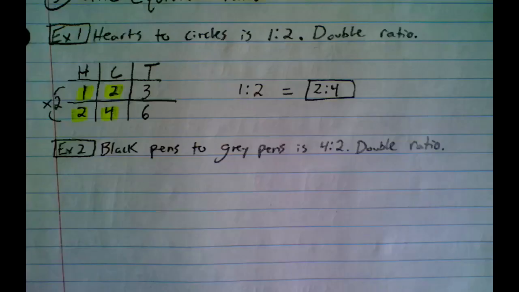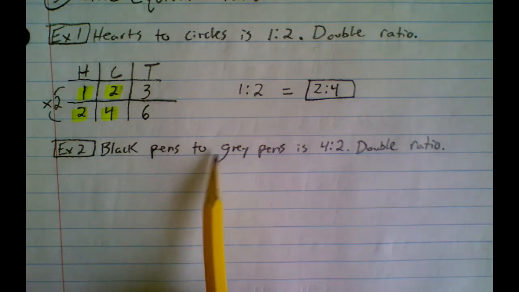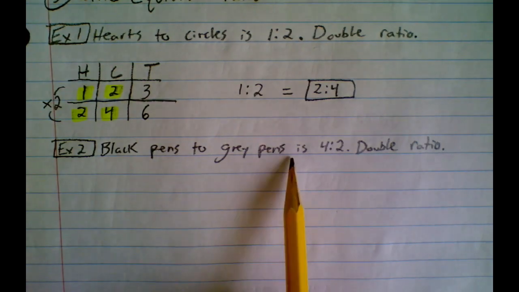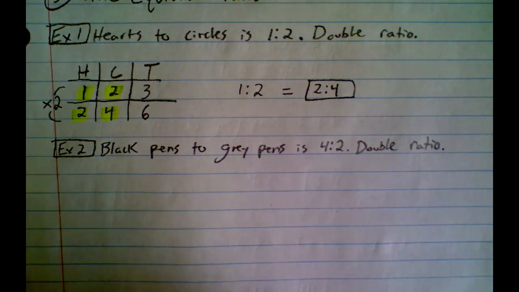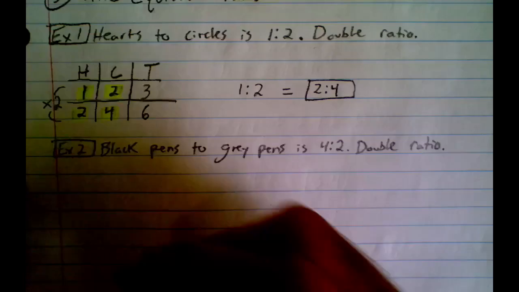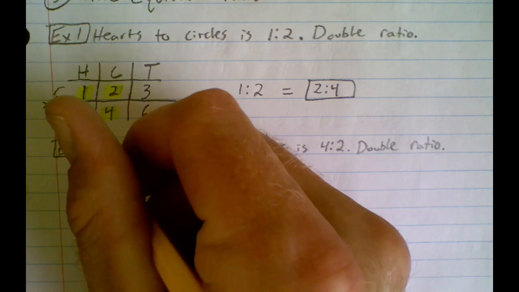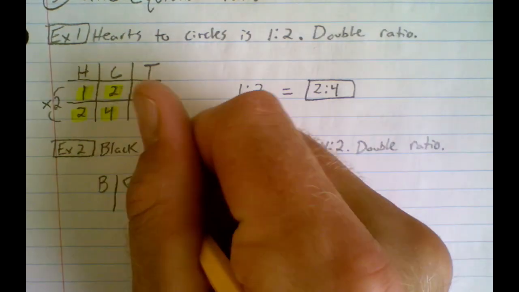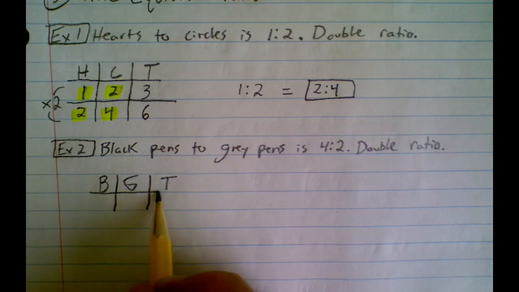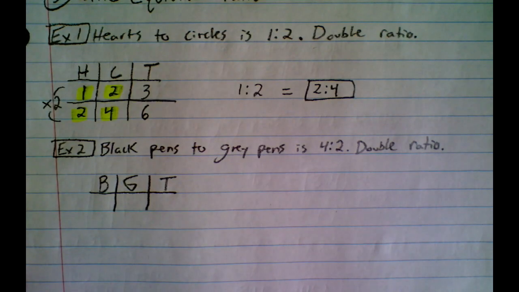We start by making our table. Black pens, we'll just say it's B. Gray, G, and T total.